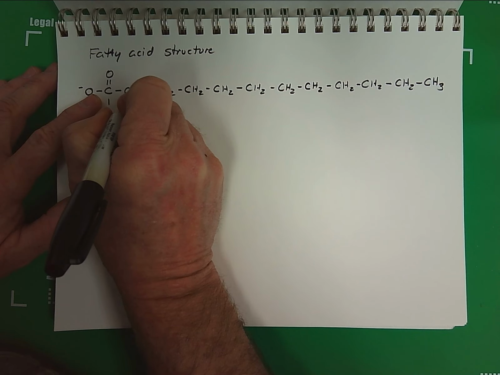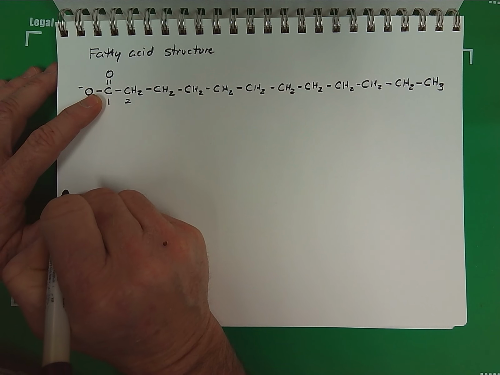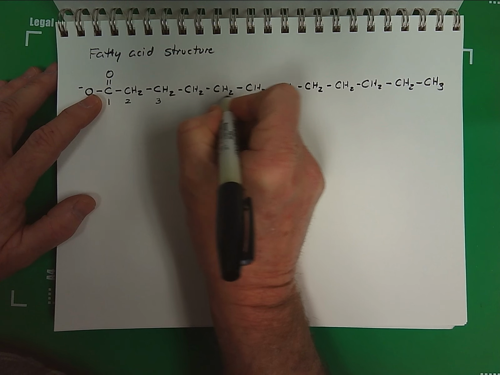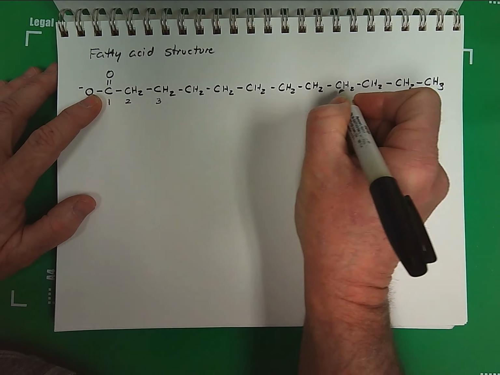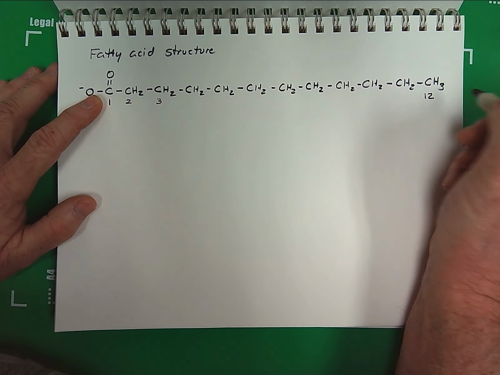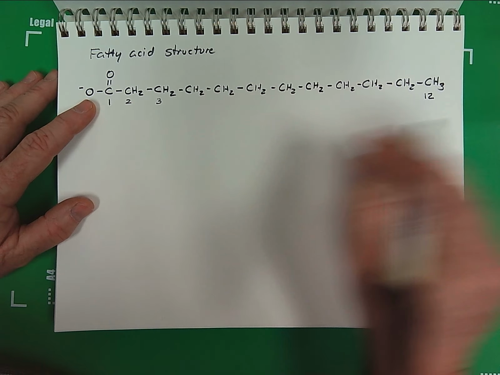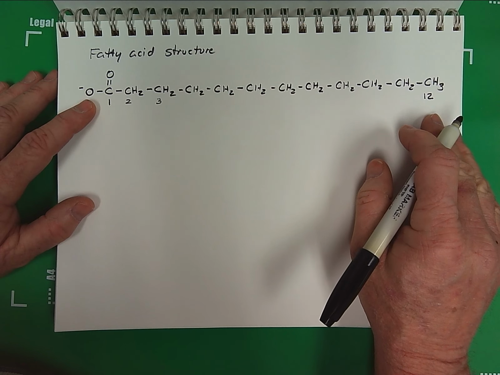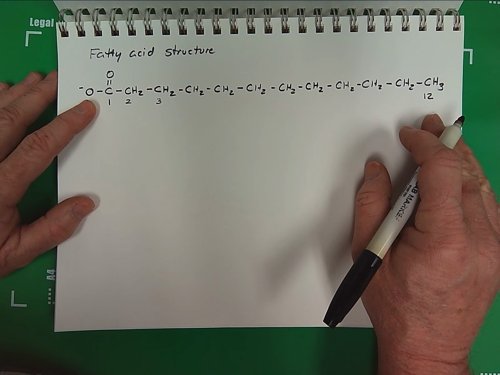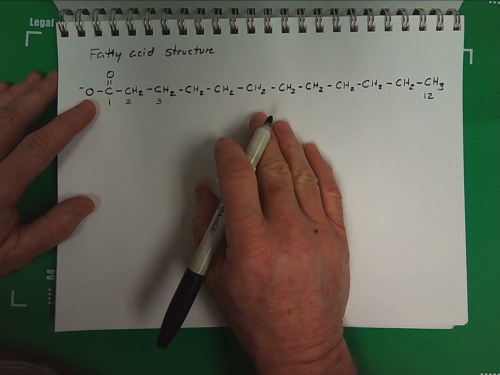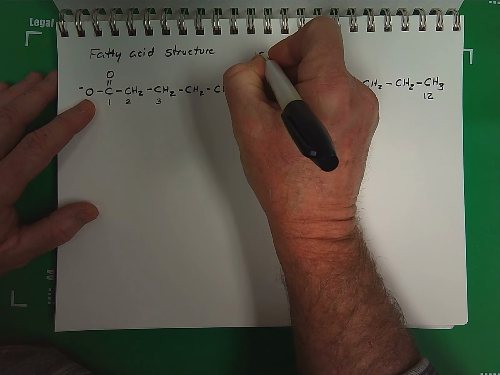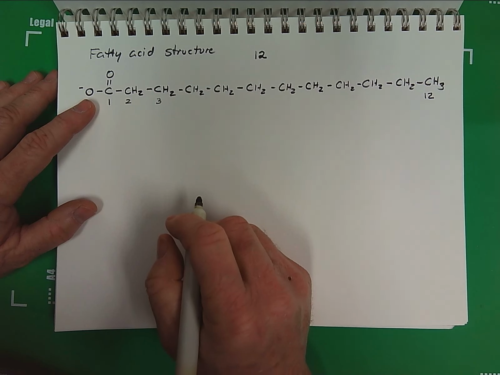Number 2 is the next CH2 carbon. 3, 4, 5, 6, 7, 8, 9, 10, 11, 12. So this particular fatty acid has 12 carbons to it. In order to properly designate this, we are going to call this first 12.